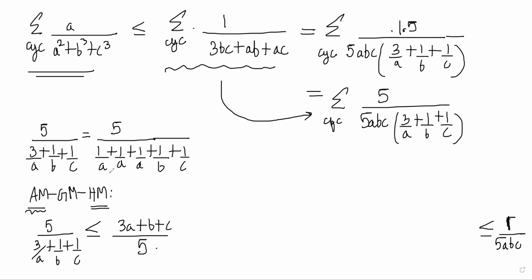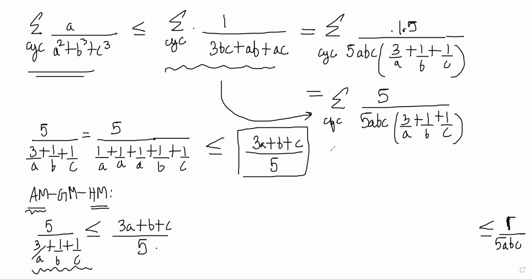This is the arithmetic mean of 5 numbers, 3 A's, B, and C, because this was the harmonic mean of those 5 numbers, right? So we know this, so we can replace this with less than or equal to 3A plus B plus C by 5, right? What does that do for us? That basically we can say we are not done right now.